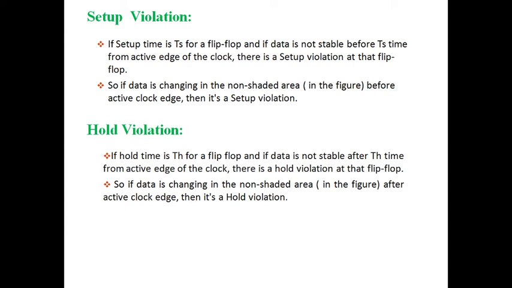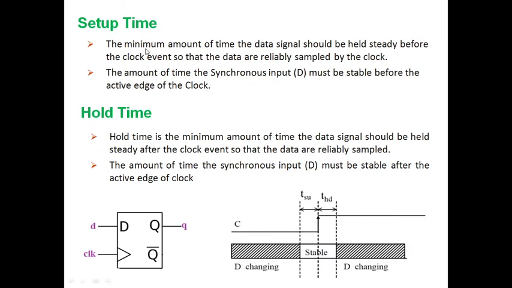So here we have two terminologies: setup violation and hold violation. If setup time is TSU for a flip-flop, and the data is not stable before TSU, you can see cross lines in this area as well as this area.